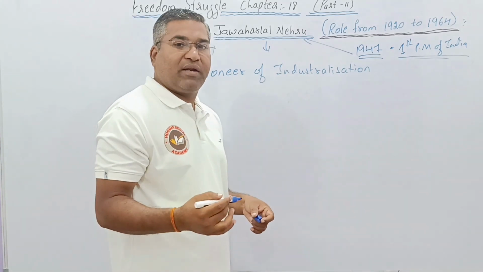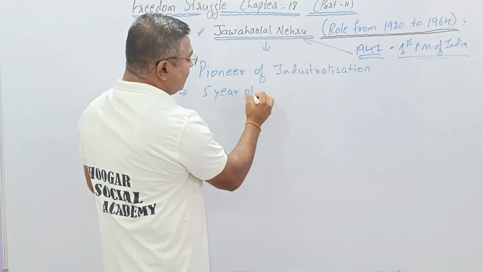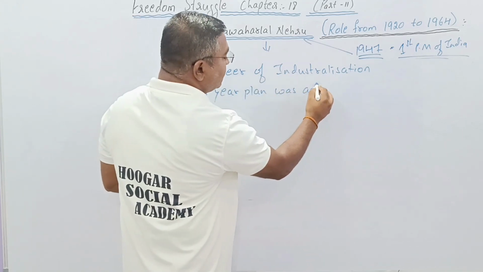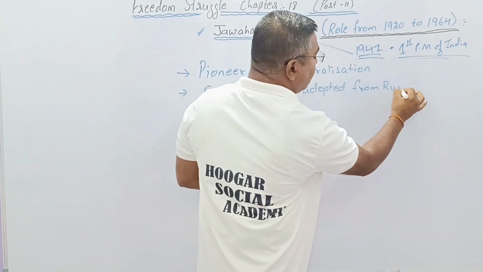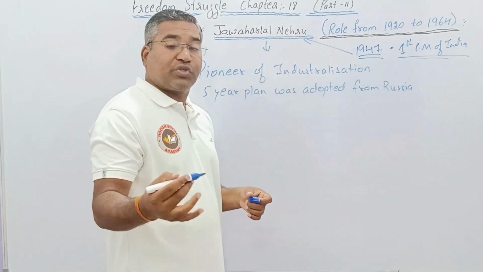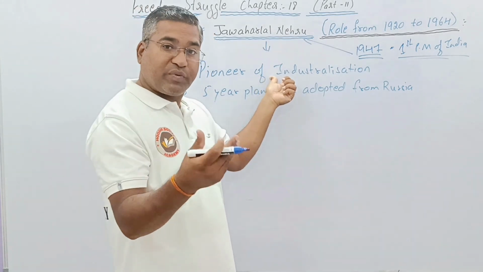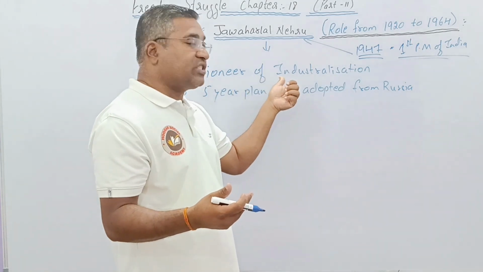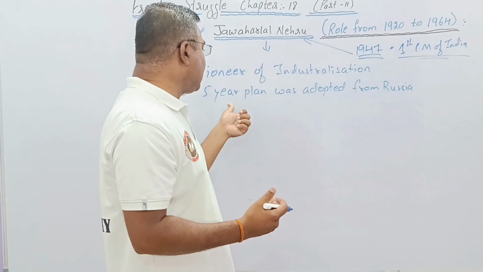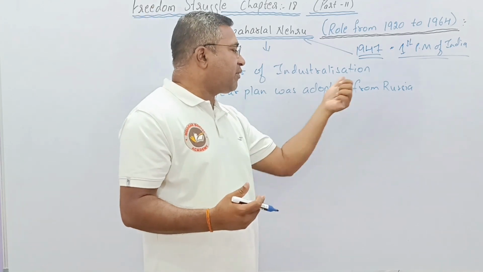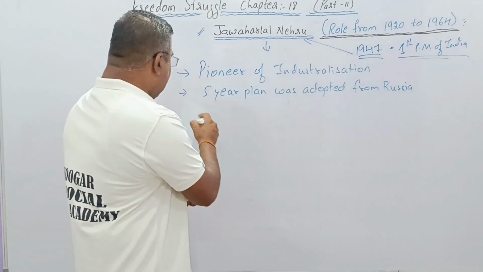For the proper growth of the economy, the 5-year plan was adopted from Russia for the proper boost of the economy of India. Progress was given towards industries, our cottage and small scale industry. So he is called the pioneer of industrialization, with the help of the 5-year plan which he adopted from Russia, which helped boost the economy.